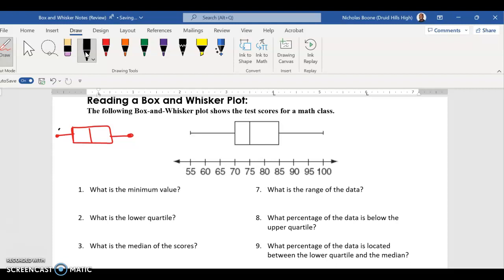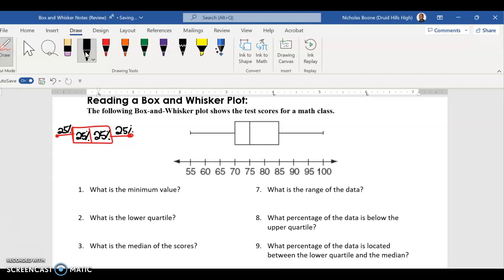So this whisker is 25% of the data. This first box is 25% of the data. The second box, 25% of the data. And last but not least, this last whisker is 25% of the data. So each part of your box and whisker plot represents 25% of the data.